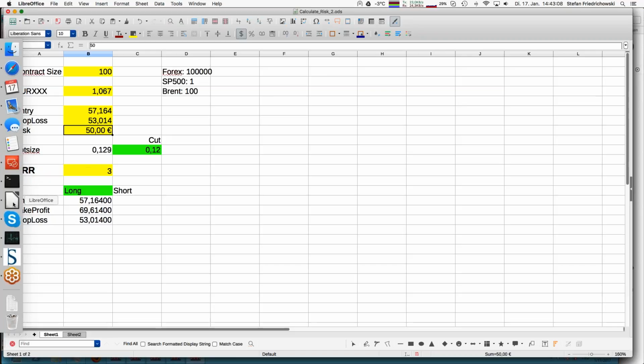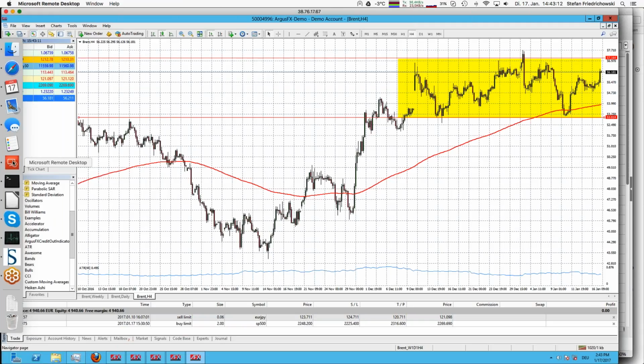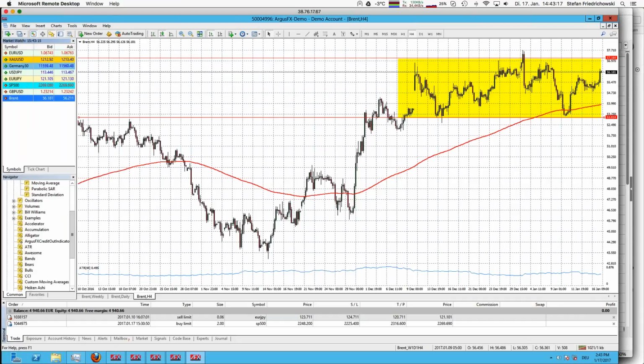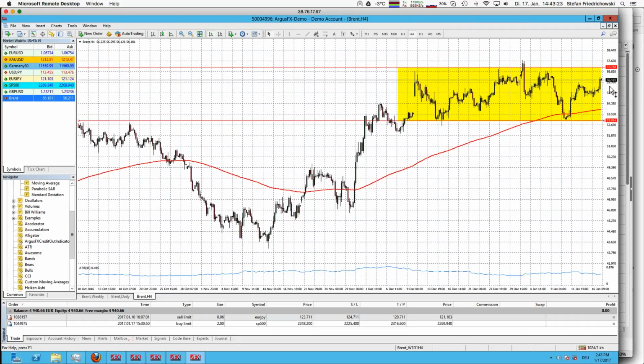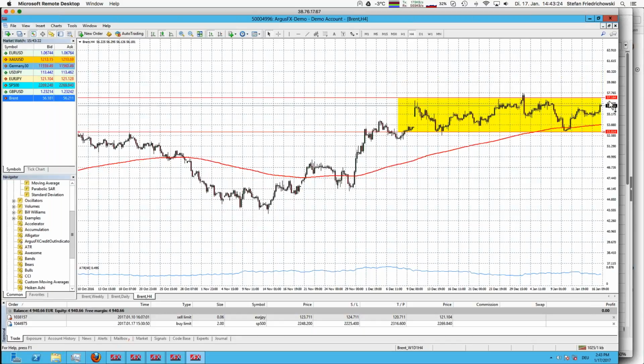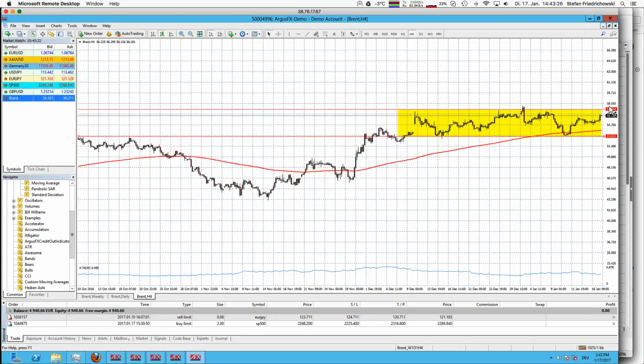Let me first draw that take profit line in the chart. So we have that value a little bit more to the north, so 69. So we need a 69 here within the chart.